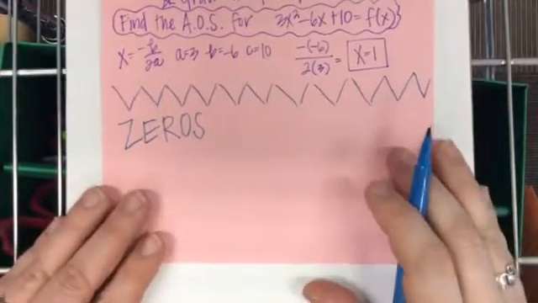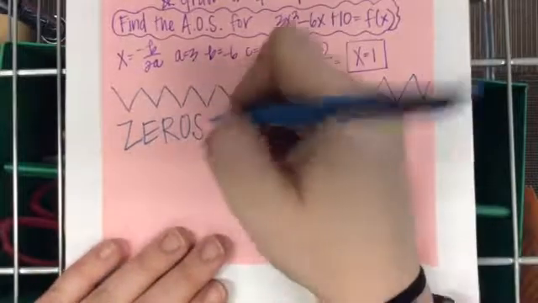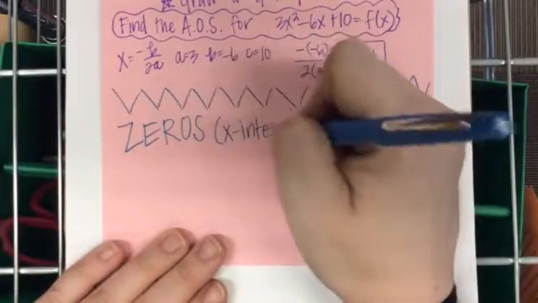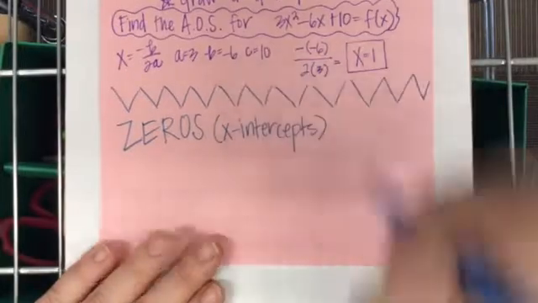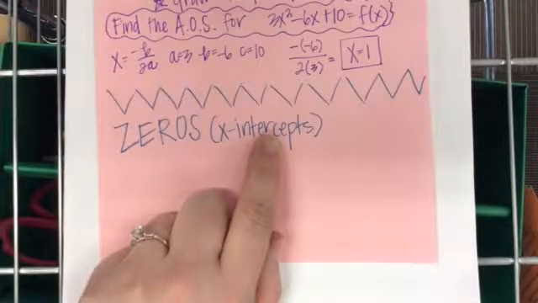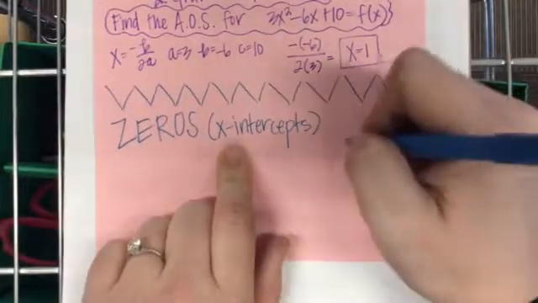And zeros in parabola world are the x-intercepts. An x-intercept is just like it sounds. It's where the parabola intercepts the x-axis.